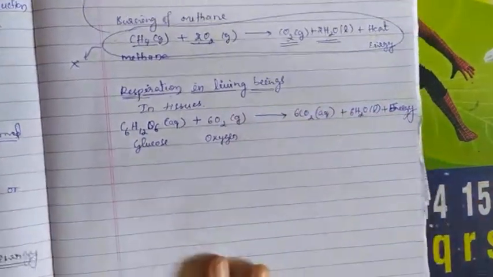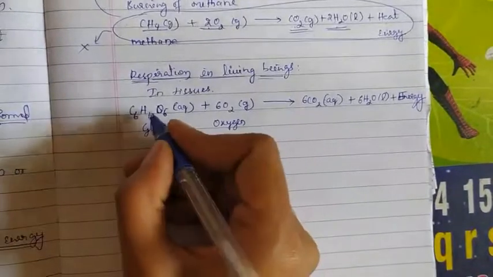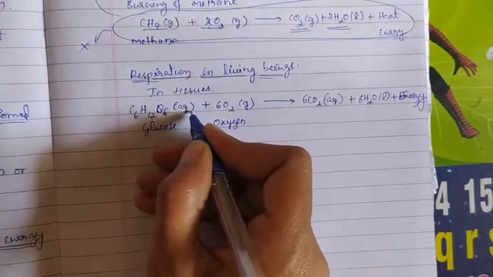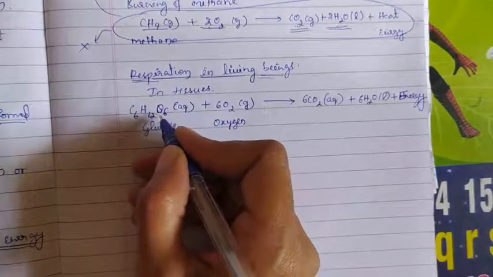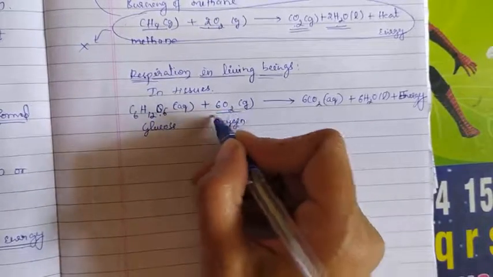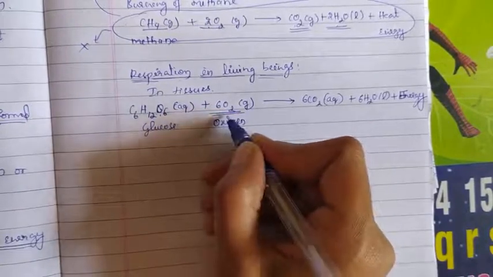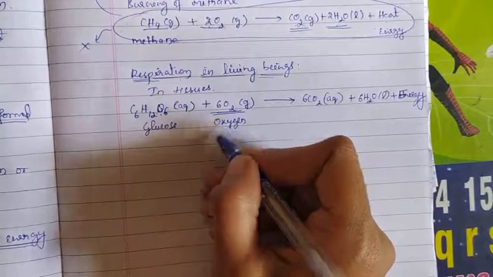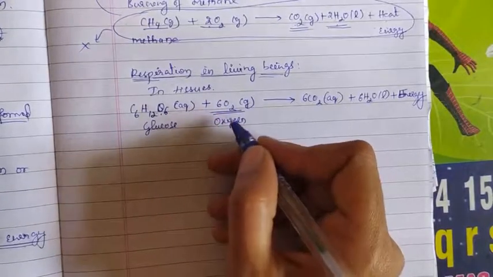See here, in cells, glucose is present in the form of a solution, therefore I have written aqueous. This aqueous solution of glucose reacts with oxygen. This oxygen is obtained through the respiration process, the intake of oxygen and output of carbon dioxide.